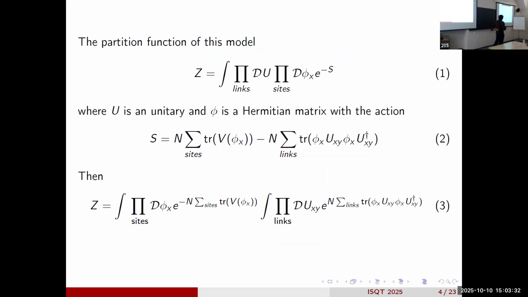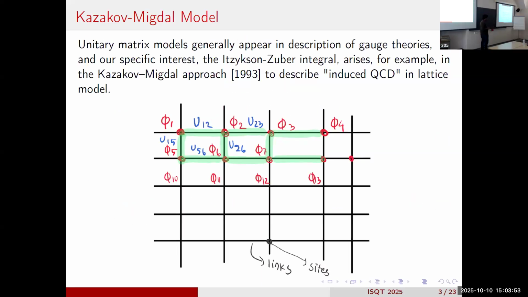As you can see, the partition function has two integrals. One is an integral over the Hermitian matrix phi, and the other is over the unitary matrix. The model says that if you take these two integrals, then take the quantum limit of this lattice, it will produce some induced QCD.